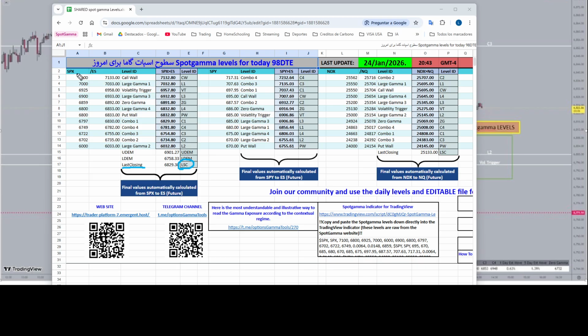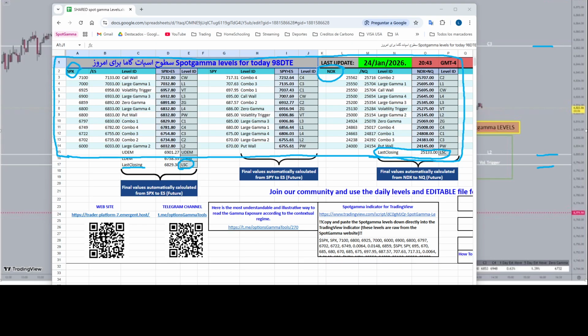I only put the last previous closing for SPX and NDX. You will see this information only in the platform where you can load this.